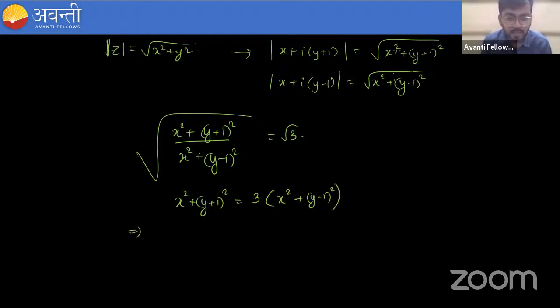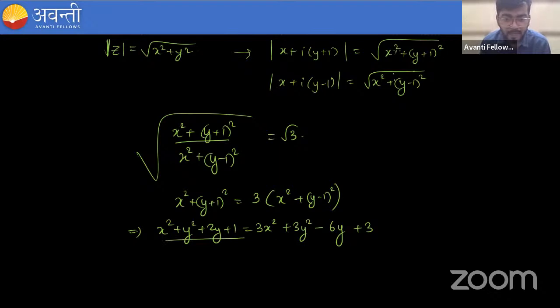Now simplifying this, you will get x square plus y square plus 2y plus 1 is equal to 3x square plus 3y square minus 6y plus 3, right? So I'll take all these terms on the right hand side. I will get 2x square plus 2y square minus 8y plus 2 equals 0.